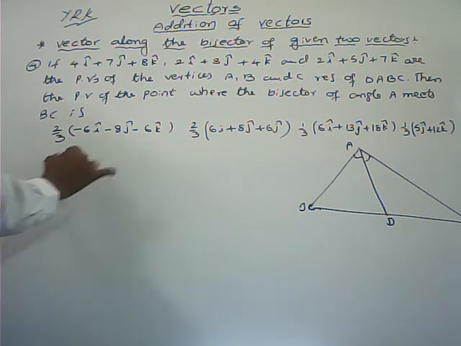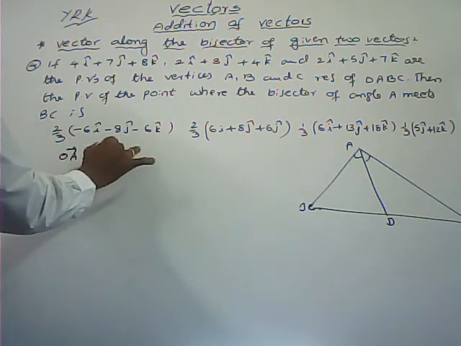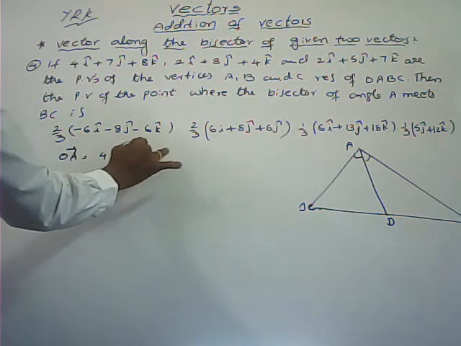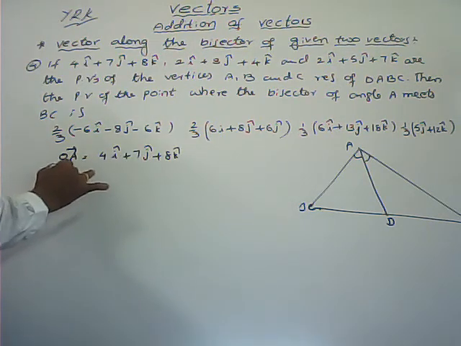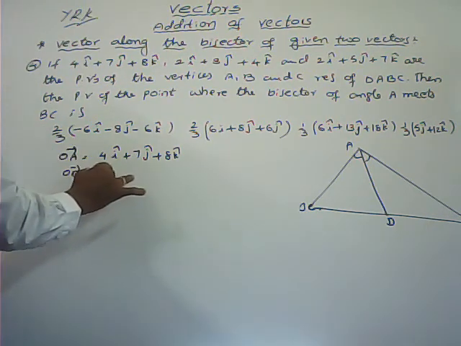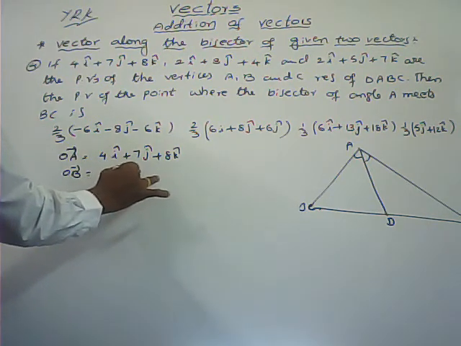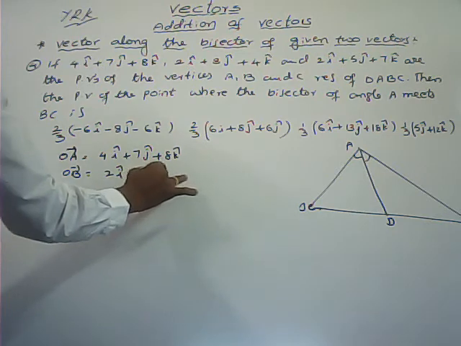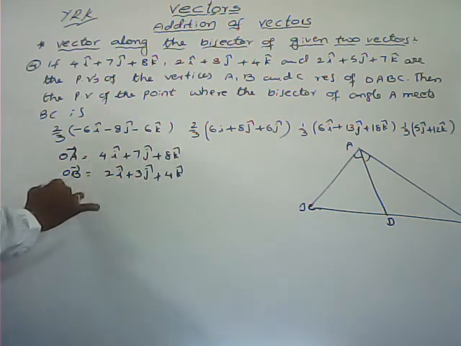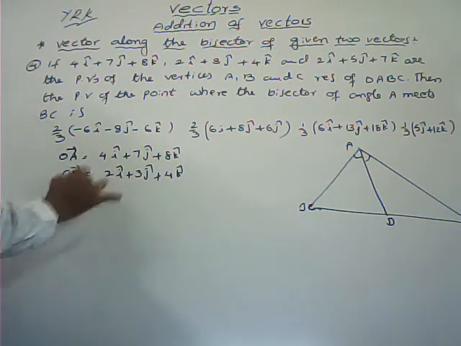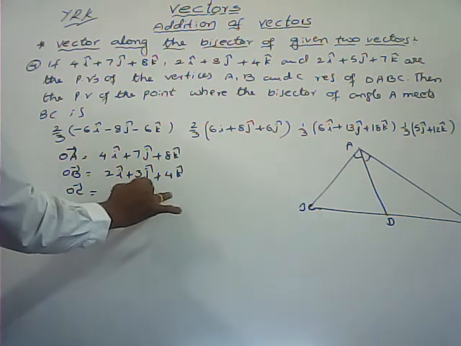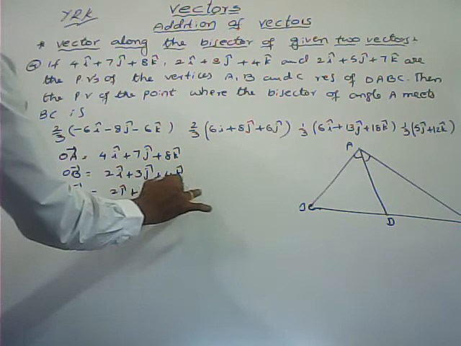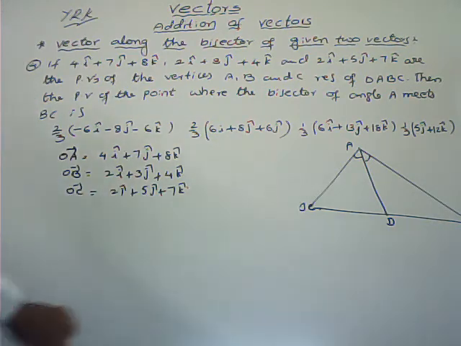OA bar, that is equal to 4i cap plus 7j cap plus 8k cap, and OB bar, that is equal to 2i cap plus 3j cap plus 4k cap, and OC bar, that is equal to 2i cap plus 5j cap plus 7k cap. Here ABC points are given.